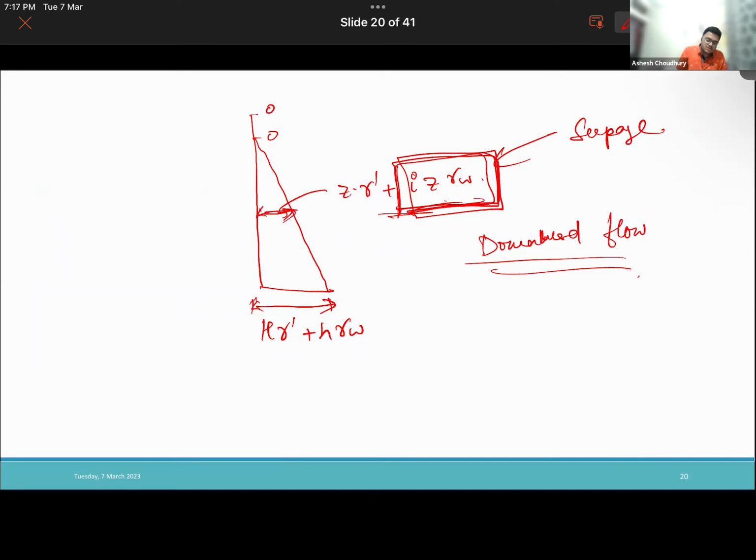In no flow condition it is nothing but z gamma submerged, but due to downward flow the seepage force contributes positively, increasing it by iz gamma W.